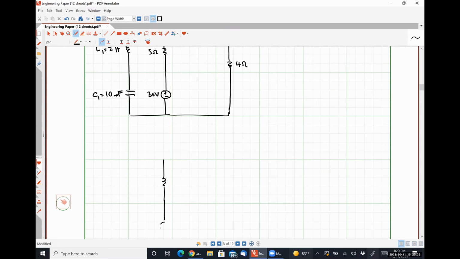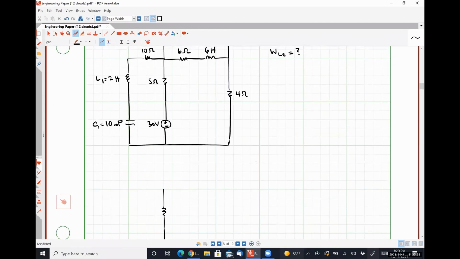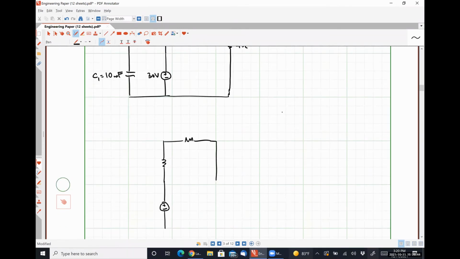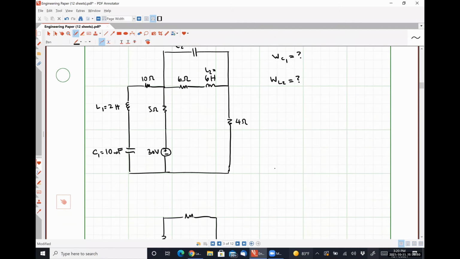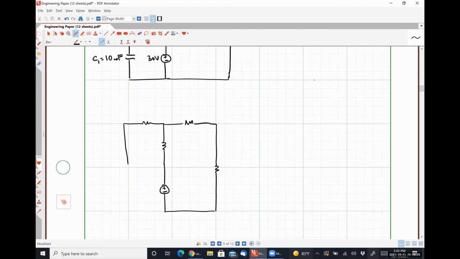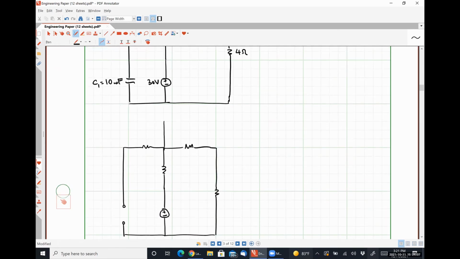We have a resistor, 30-volt source, resistor, like so.